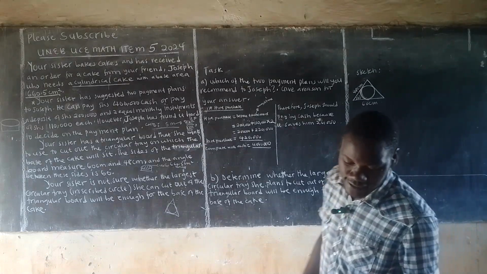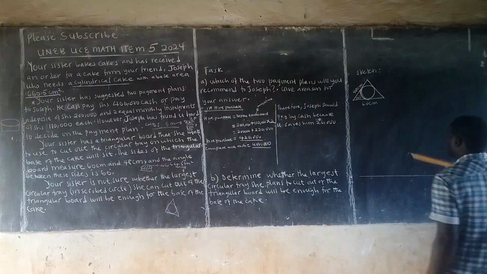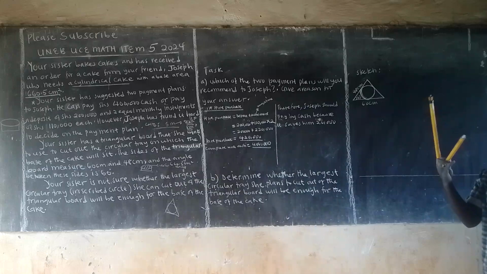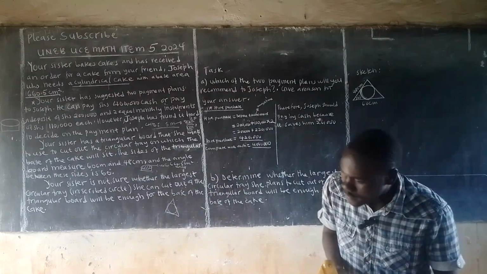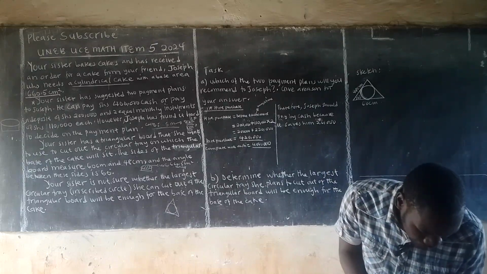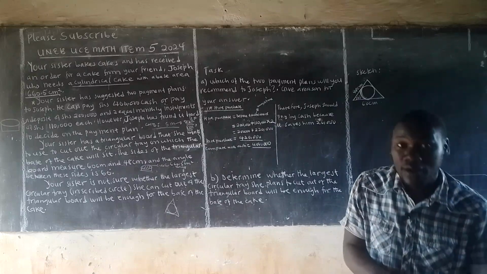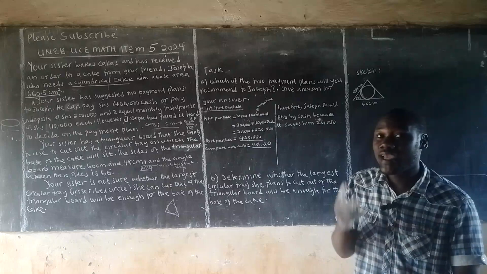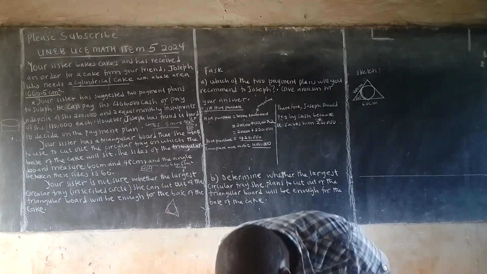Then afterwards, you measure 60 centimeters on your ruler. I'm also going to measure, because I have my instruments here. It is even better if you can use a divider, but if you don't have it, you can use what you have.